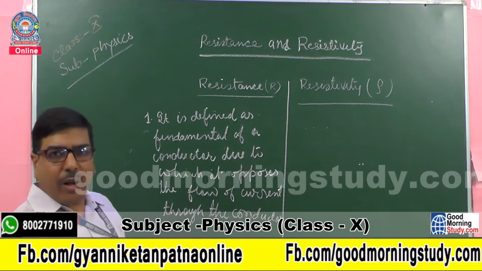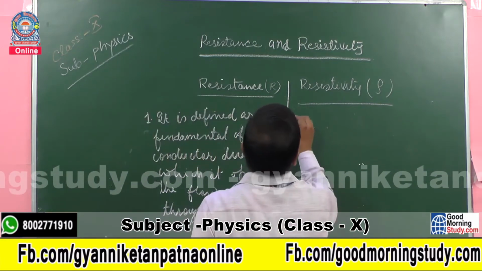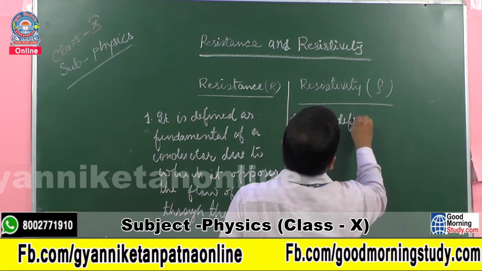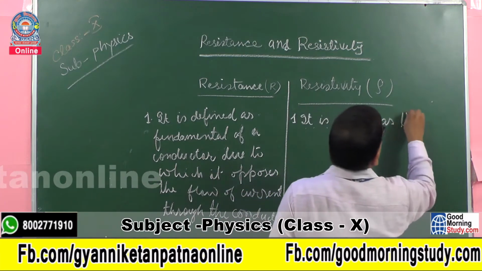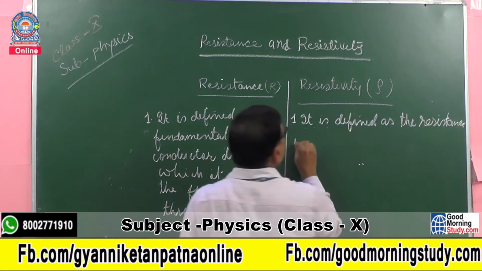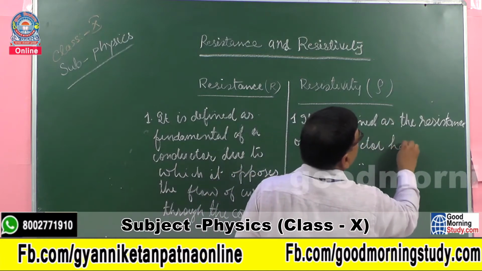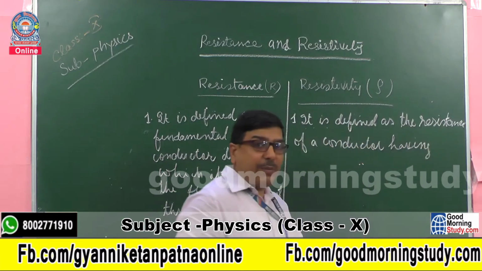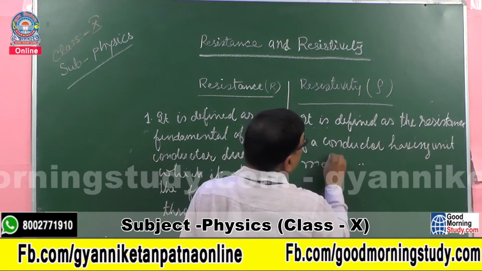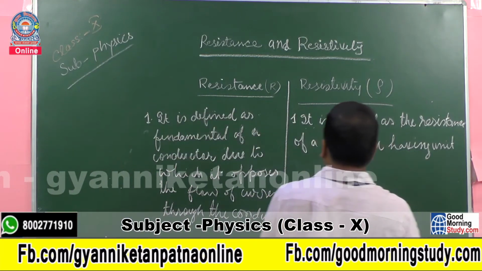And resistivity is also a fundamental property. It is defined as the resistance of a conductor having length unit meter. Unit meter means unit length, or 1 meter.